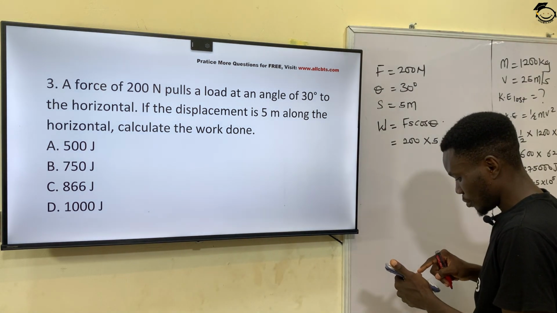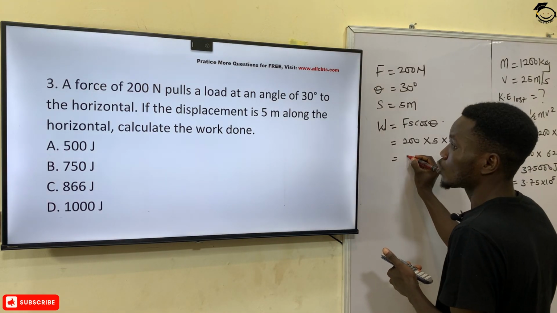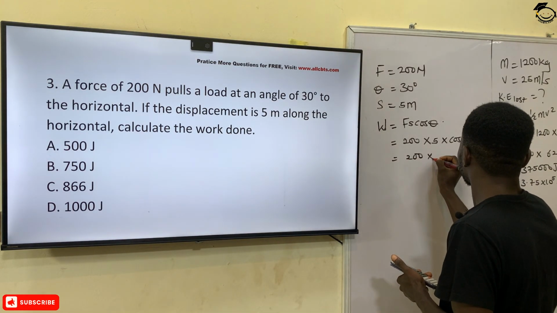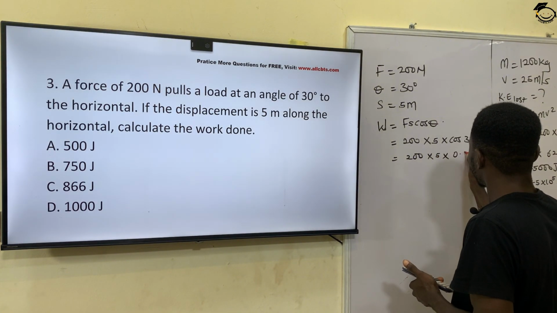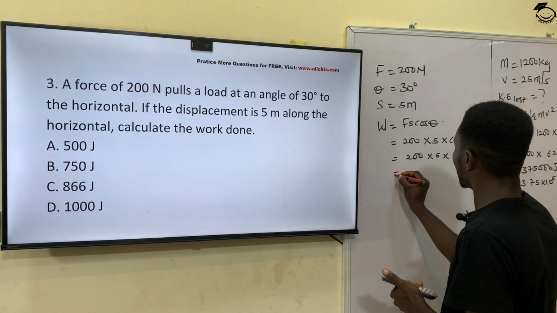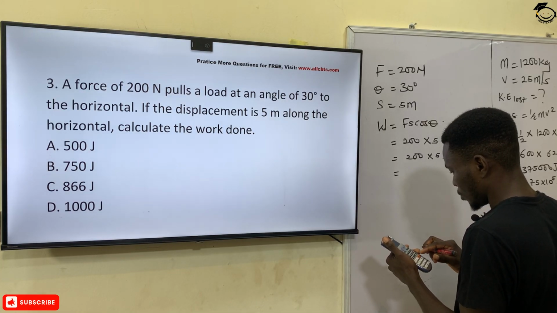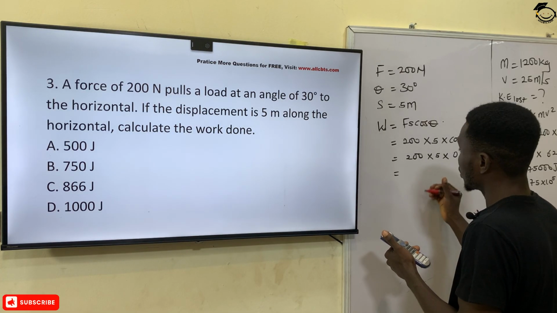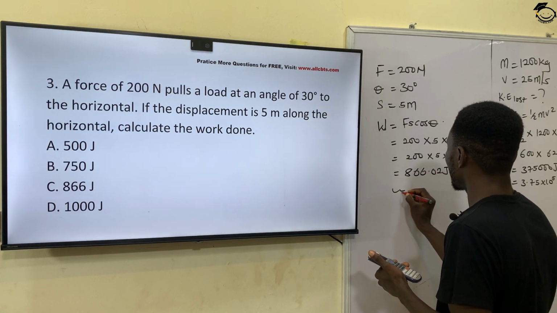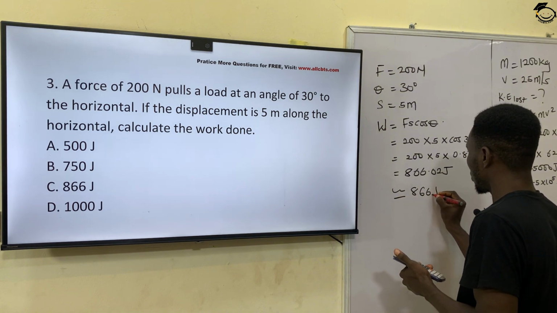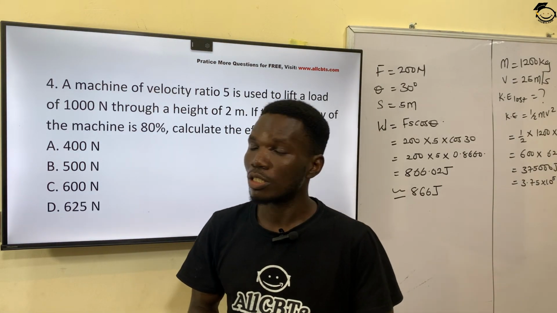That is 200 times 5 times 0.8660, which gives me 866.02 joules, approximately equal to 866 joules. So the correct answer to this question is option C, which is 866 joules.